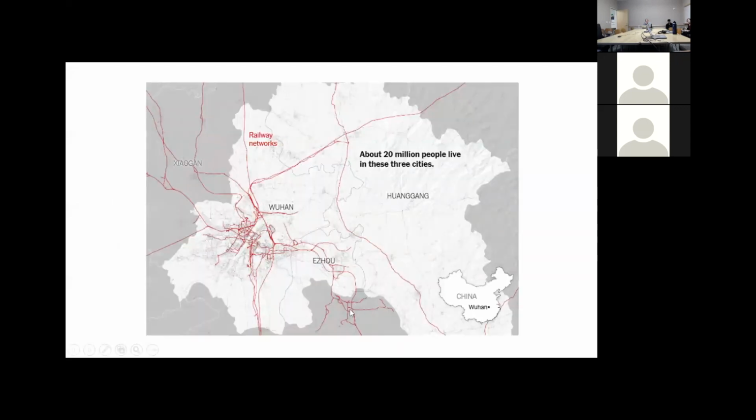So it's important to know that Wuhan is really a commerce center in China. And this slide depicts the railway networks, these very complicated railway networks that all go through the hub of Wuhan.